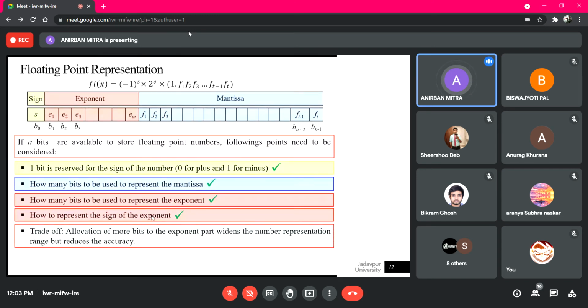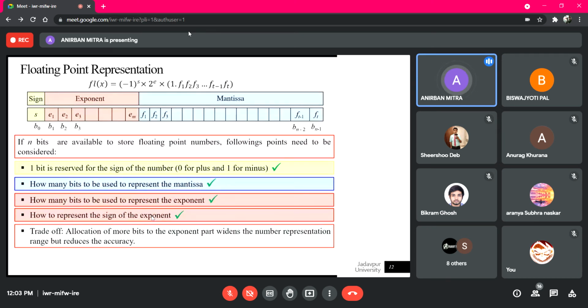If I increase the bits for the exponent, then it widens the number representation range, but it cuts down on the accuracy of the number.